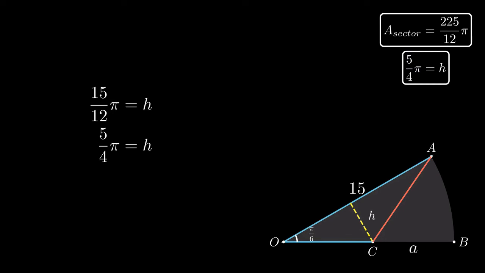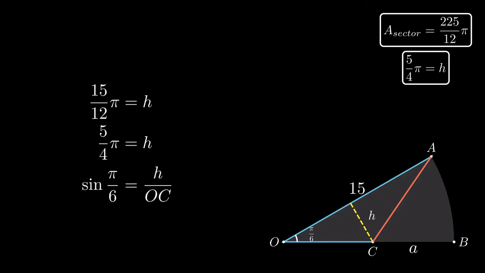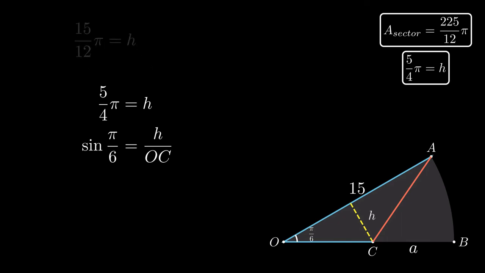So if I take the sine of pi over 6, that's h, over the hypotenuse in that small triangle is OC. All right. I know h, which means I can find OC. Okay, so we just rearrange that.